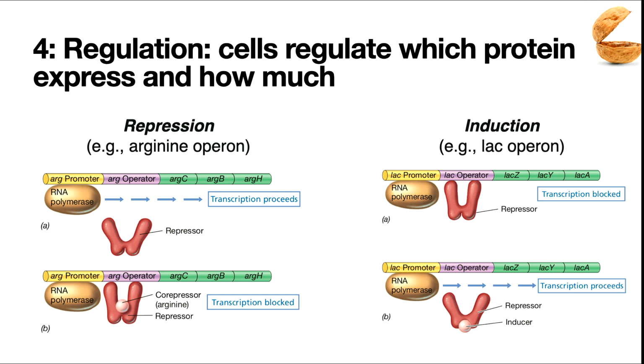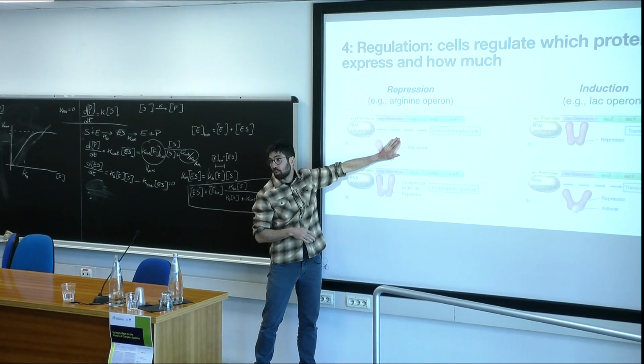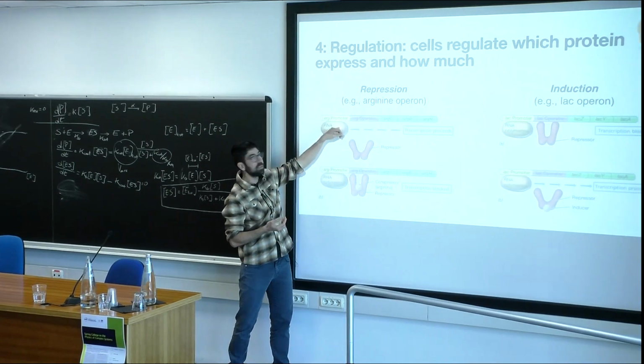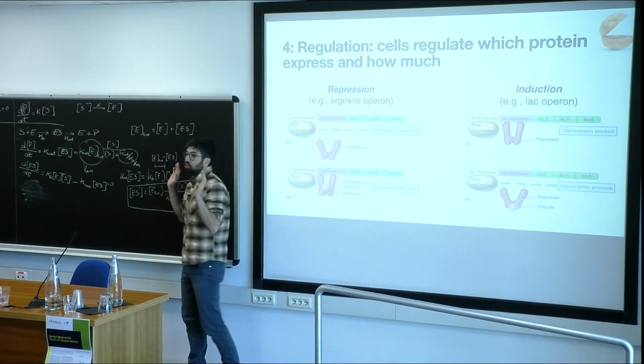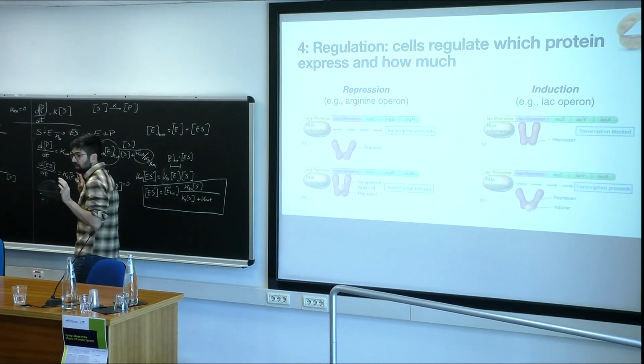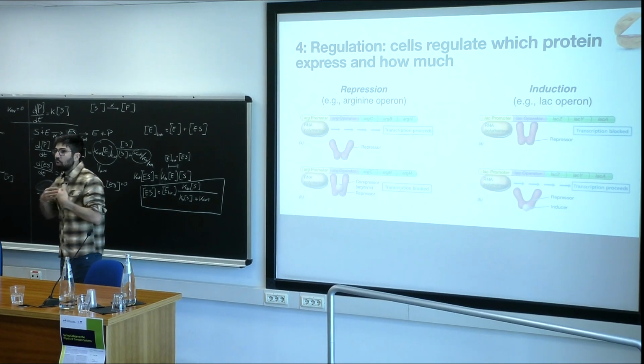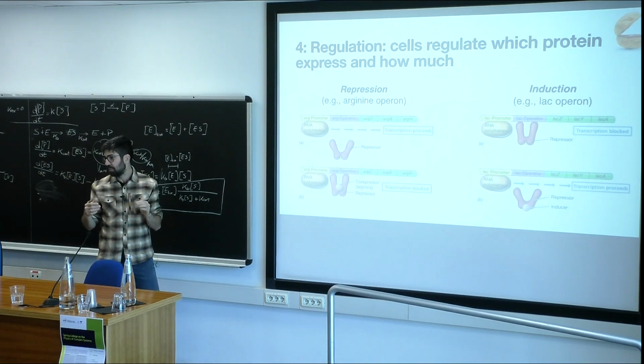So the rate you have, basically, you can have things that are produced in absence of this, that are always on. Things that are always on are still produced at a different rate because the polymerase binds with a different rate. But those are things you don't control, so you always produce them at some rate.